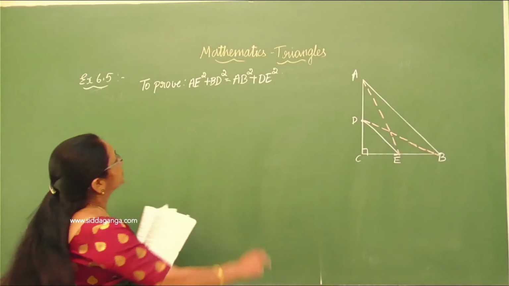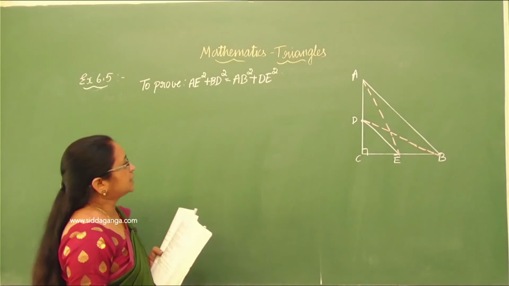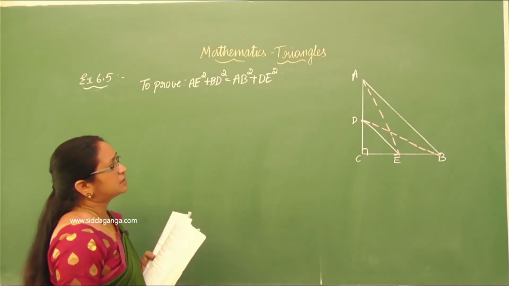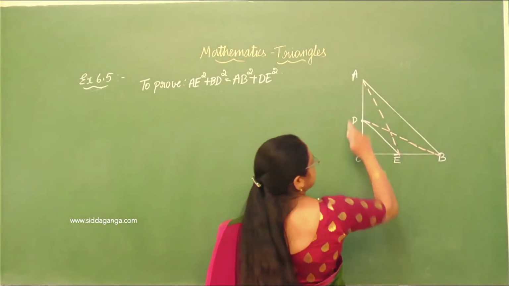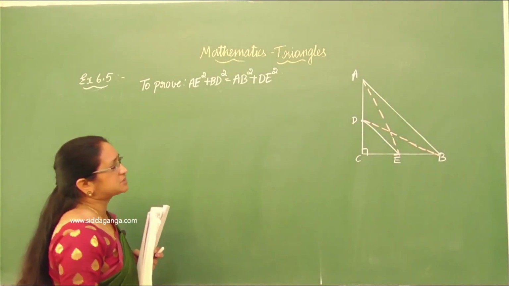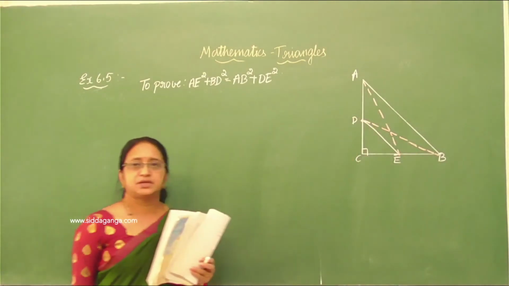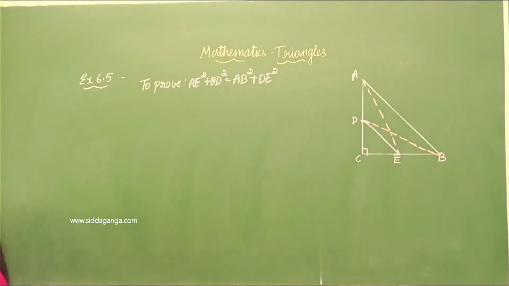When you see the question, you will come to know AE square. So definitely there will be a triangle ACE, and BD square means definitely there will be a triangle BCD.